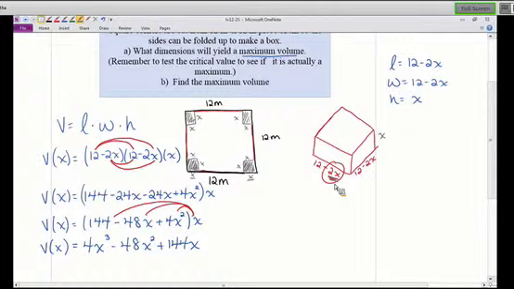And it gets subtracted from the total length of our tin, which is 12 meters. So when you fold up your sides, your height is the length of the corner that you took out. That's how we get the height to be x.